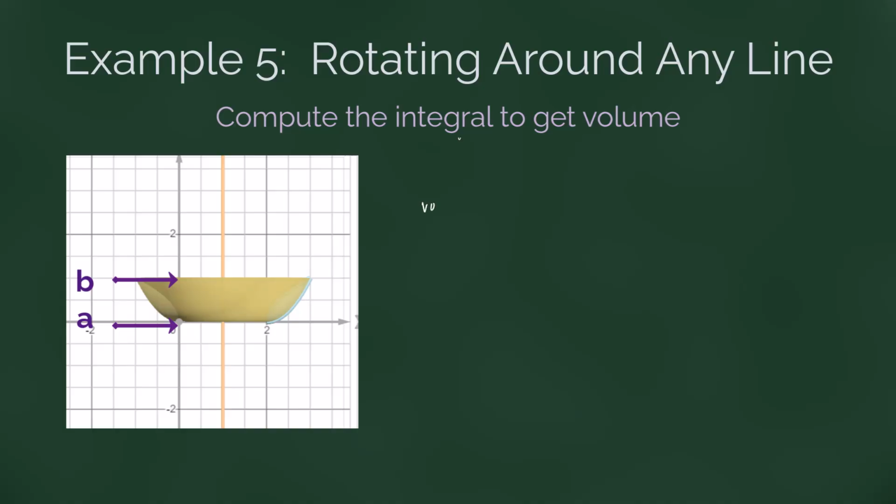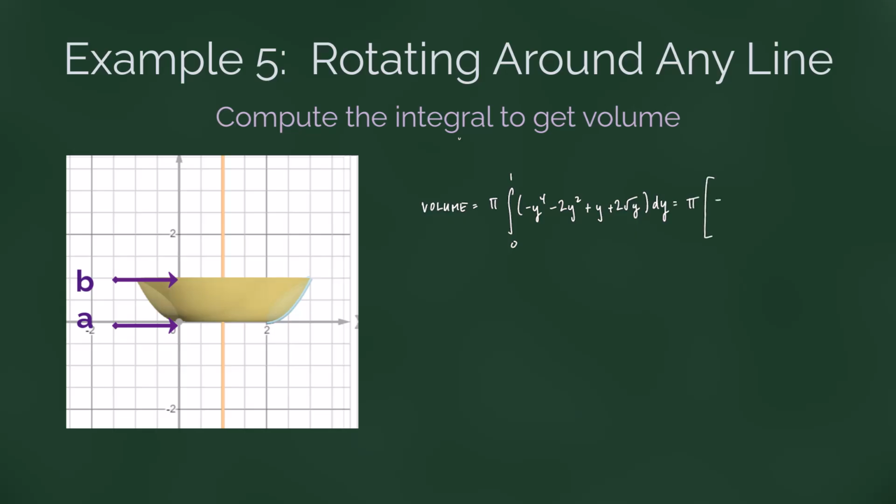Finally, we compute the integral in order to get the volume. So our volume formula was pi times the integral from 0 to 1 of negative y to the 4th minus 2y squared plus y plus 2 square roots of y dy.